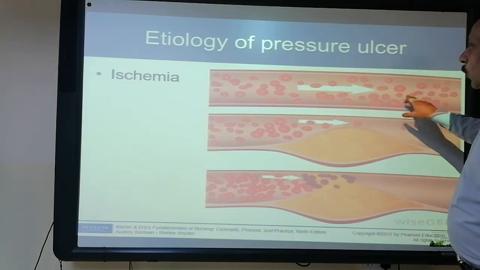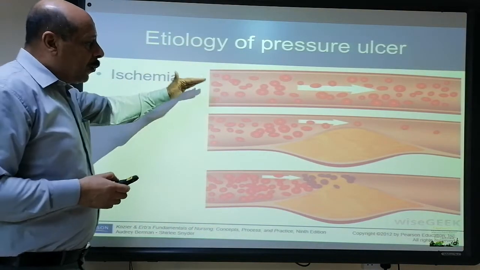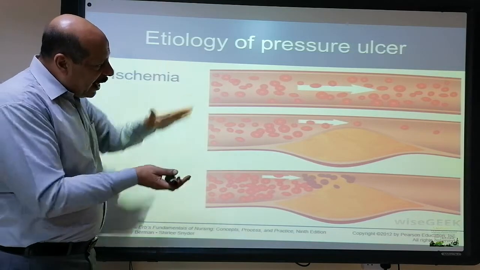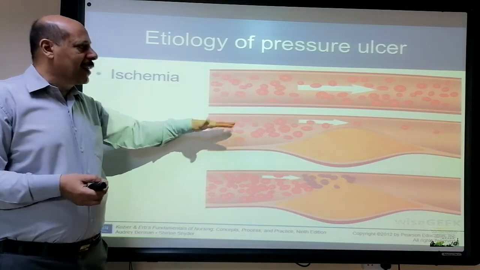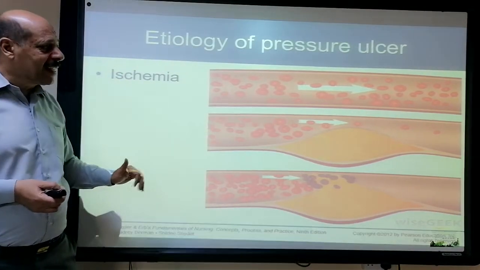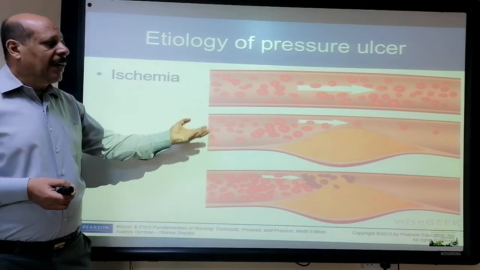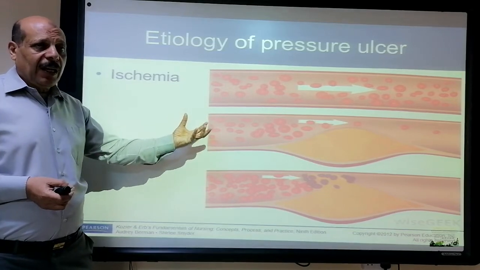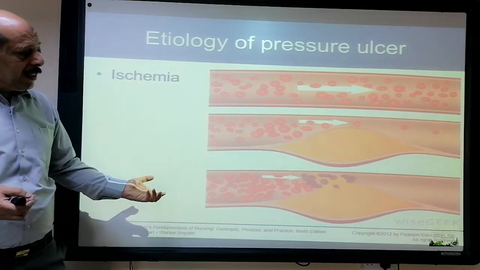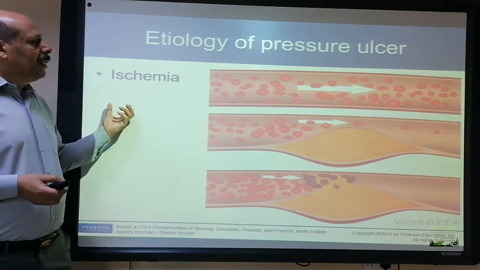Usually the blood vessels are patent while there is no compression over them. When compression is there, it will compress the blood vessels, so there will be narrowing of the blood vessels. The blood supply to the area will be diminished, and the oxygenation and metabolism in those tissues will be less, and it will lead to ischemia.